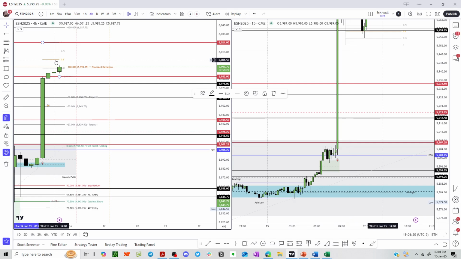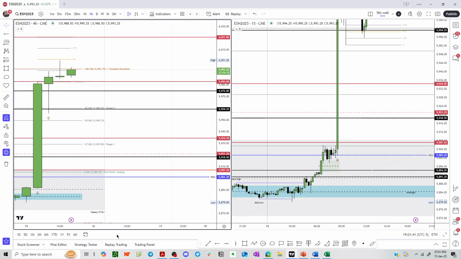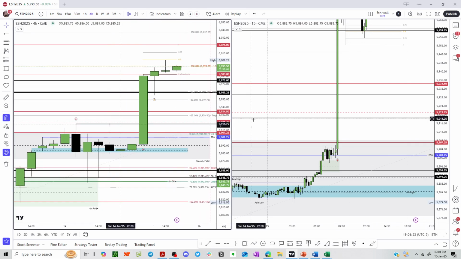It's right here. Didn't quite hit it. I eyeballed this too, so it could be a little off, but who cares, right? Good enough for me. You can do the more accurate approach if that suits you better. But anyway, this will be a reason to consider getting out here.